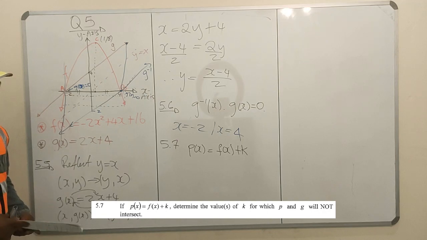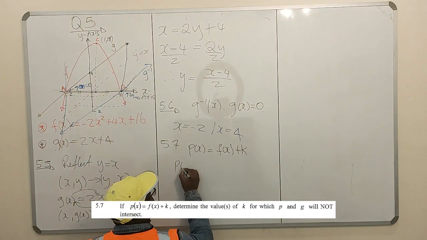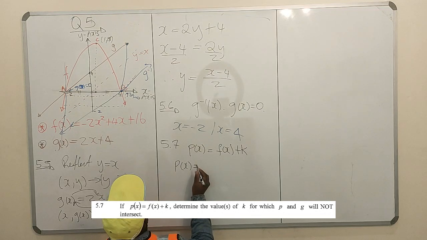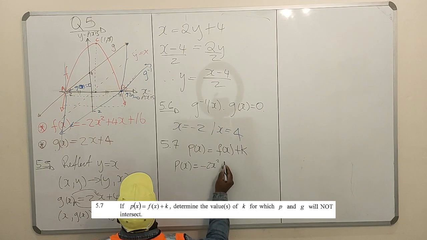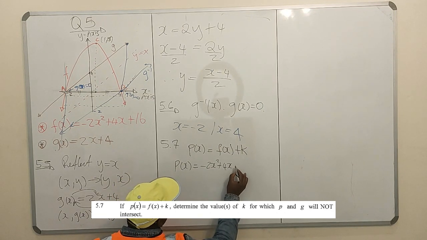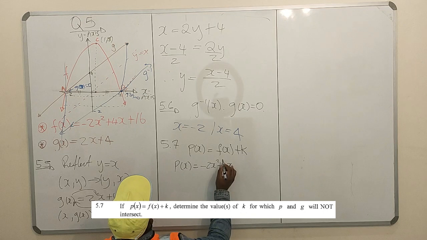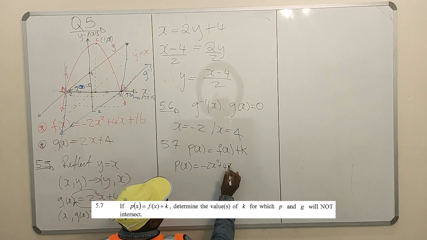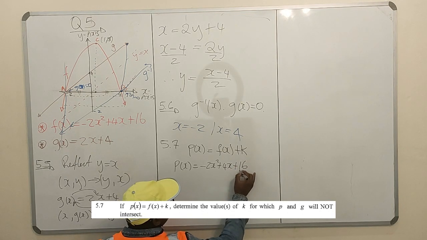How do you approach this? You can say, okay, my p of x is equal to f of x. What was f of x? f of x was minus 2x squared plus 4x plus 16.